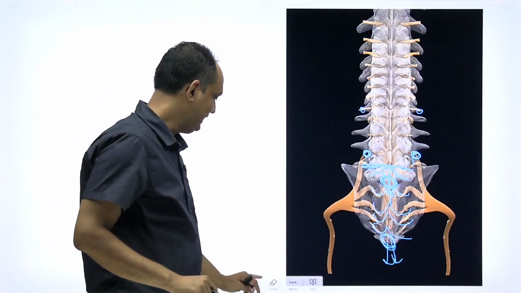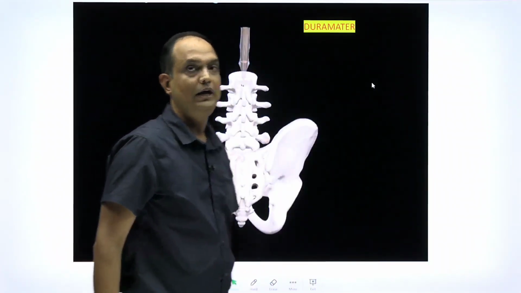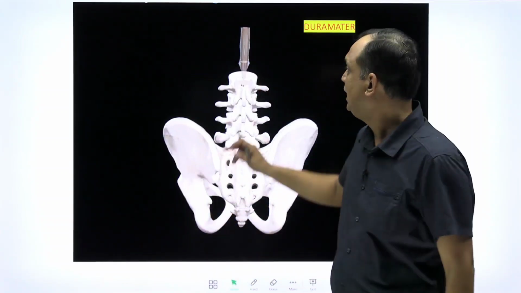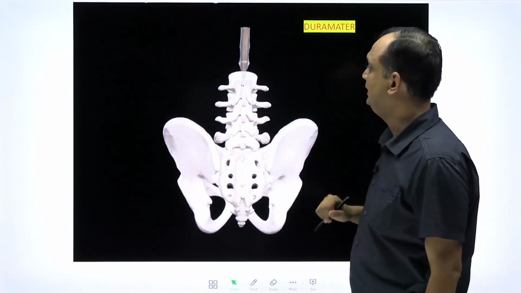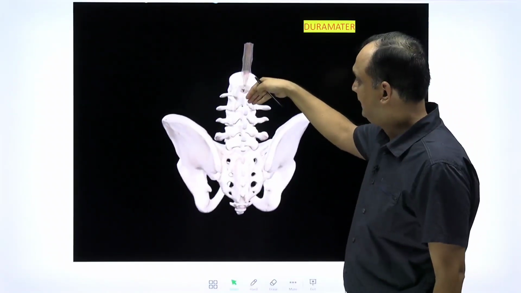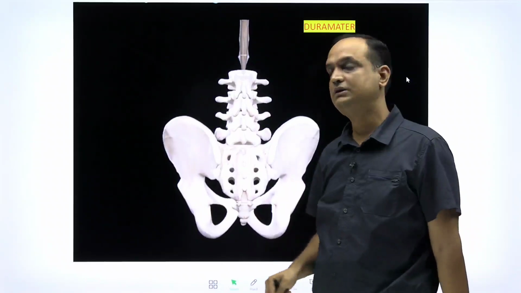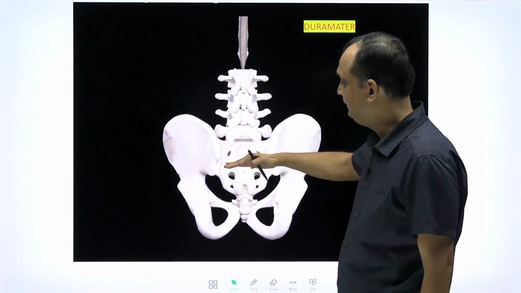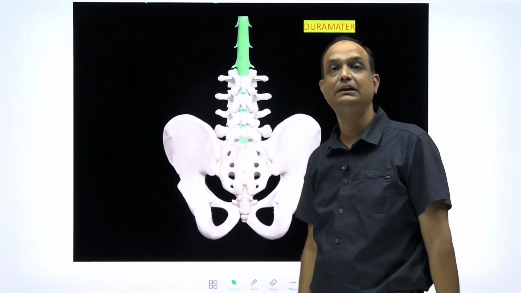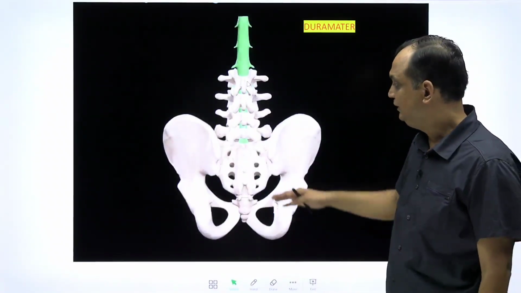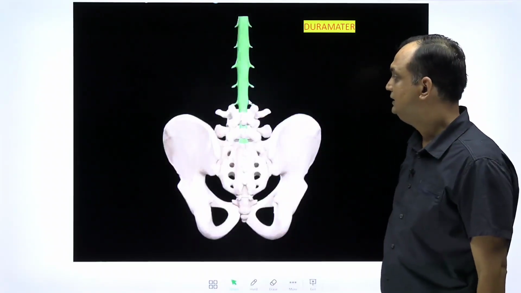Apart from that, you have to understand one more thing, which is about the meninges. Here you can see that this is the outer covering, known as the dura mater. This dura mater is going inside, but it will not come out. Why does it not come out? Because the dura mater also ends in the mid portion of the sacrum, at the level of S2. At the level of S2 you can see this green line; we are now removing these vertebrae one by one.